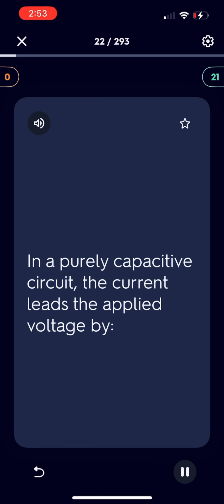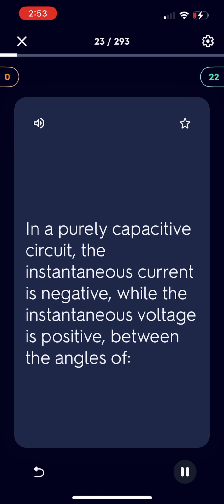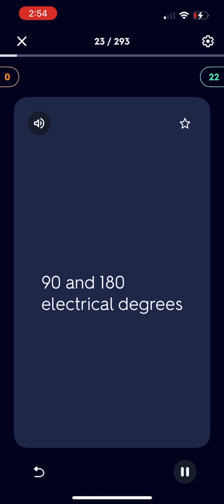In a purely capacitive circuit, the current leads the applied voltage by 90 electrical degrees. In a purely capacitive circuit, the instantaneous current is negative, while the instantaneous voltage is positive, between the angles of 90 and 180 electrical degrees.